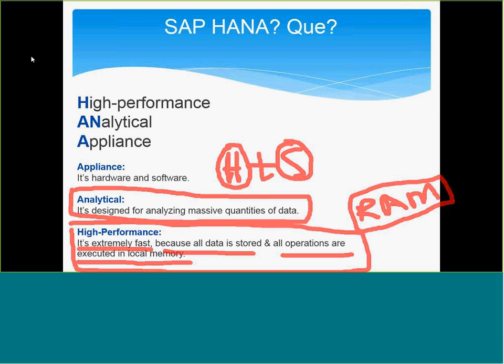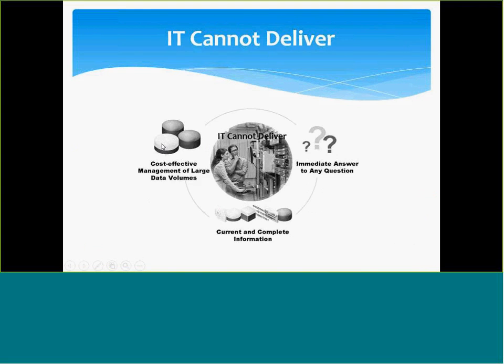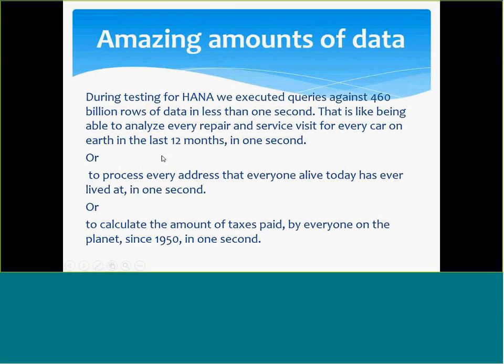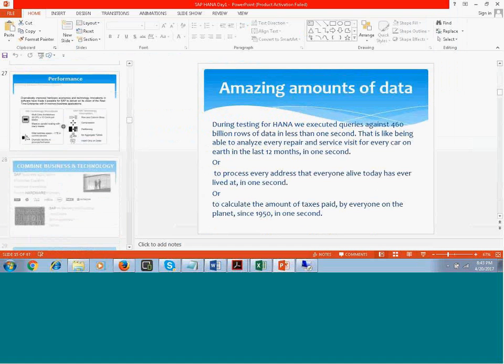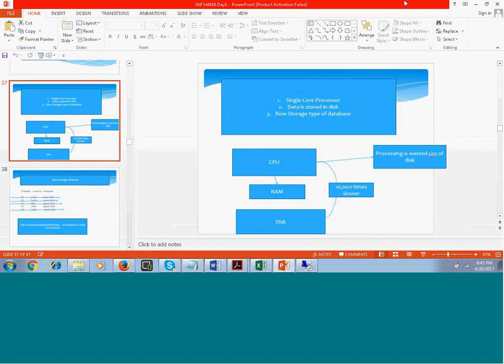Let me show you how our traditional system works. Look here, this is how our traditional system works. We have a single core processor, and data is stored on the disk. We have a row storage type of database. We store the data on the hard disk. From the hard disk, we bring the data through the CPU into the RAM.